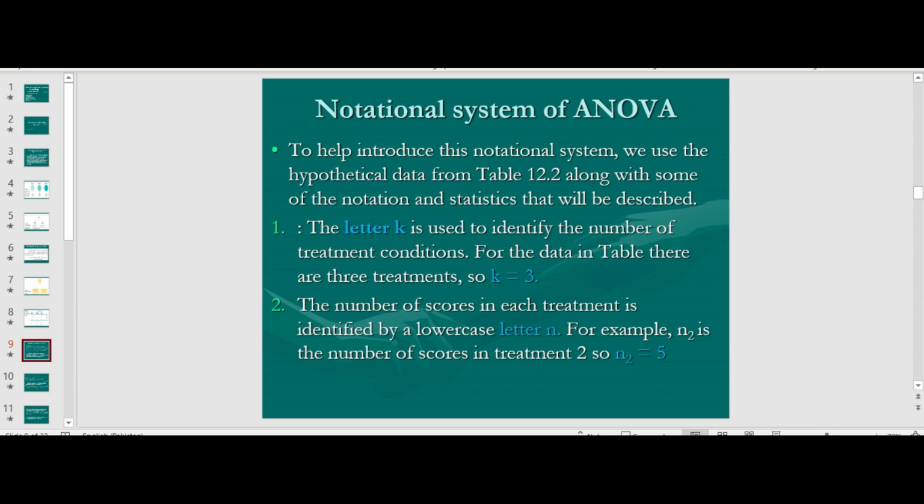For the data in the previous table, Table 12.2, there are 3 treatments, so K is equal to 3. Second, the number of scores in each treatment is identified by a lowercase letter n. For example, n2 is the number of scores in treatment 2, so n2 is equal to 5.